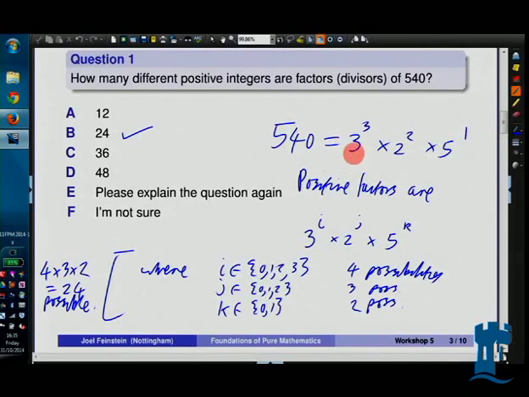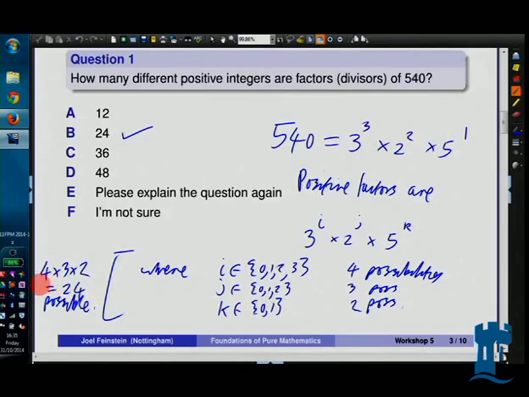Now, because it was 3 cubed, there were 4 possibilities for what power of 3 to take. And because it was 2 squared, there were 3 possibilities for the power of 2 we could take, because you're allowed to take power 0. And because it was 5 to the 1, there were 2 possible powers of 5 we could take, 0 or 1. So we did 4 times 3 times 2 to get 24.